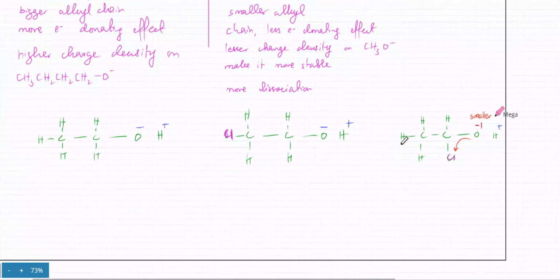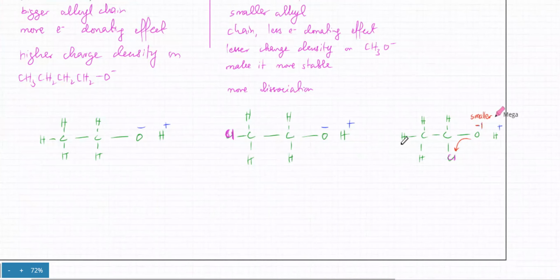So there's going to be more dissociation. There is an electron withdrawing effect over here as well in the second one. I mean, there's a Cl attached, but the Cl is much further away from oxygen in that case. So the negative charge is relatively bigger.